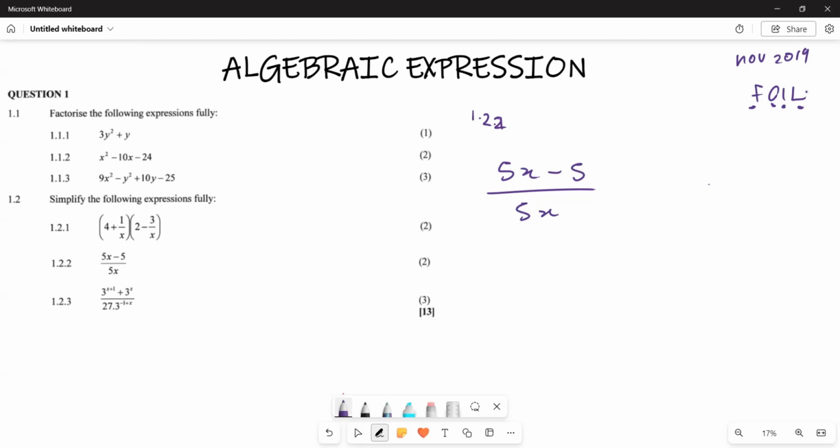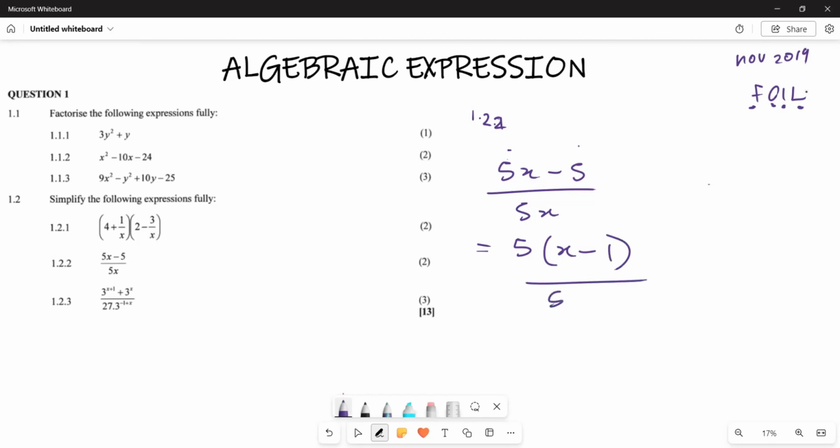Please do not make this mistake of saying this is 5x and 5x, and then you just go and cancel. The easier thing that you can do, look at the numerator. All of these terms have the 5, right? So you can start by taking out the 5 as the common factor. Then we are left with x subtract 1 because you've taken out the 5.